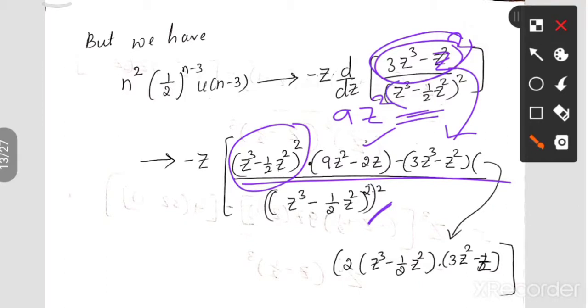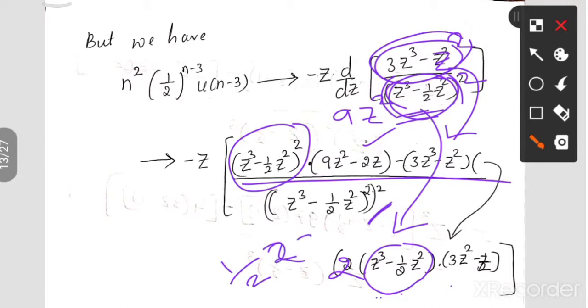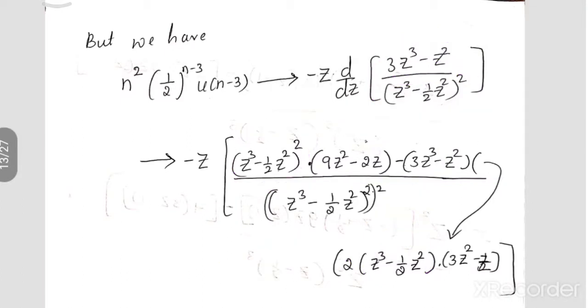Observe this term is a whole square, so first to differentiate that, it will be 2 into the same factor or same value, that is z cube minus 1 by 2 z square, into differentiate inside this factor, that is 3z square minus 1 by 2 into 2 into z, so it will be z only, okay. And now simplification we have to do.